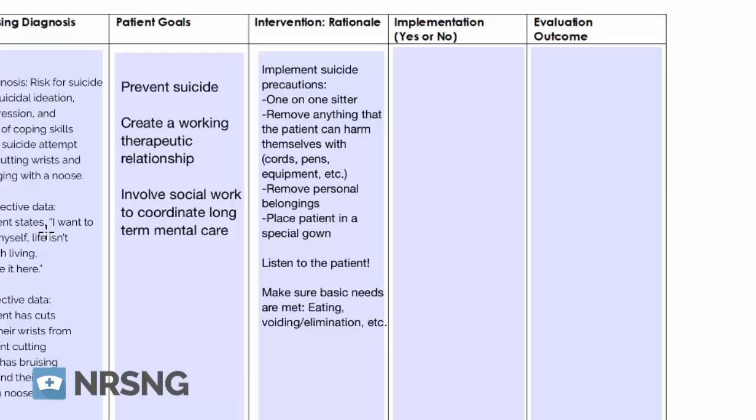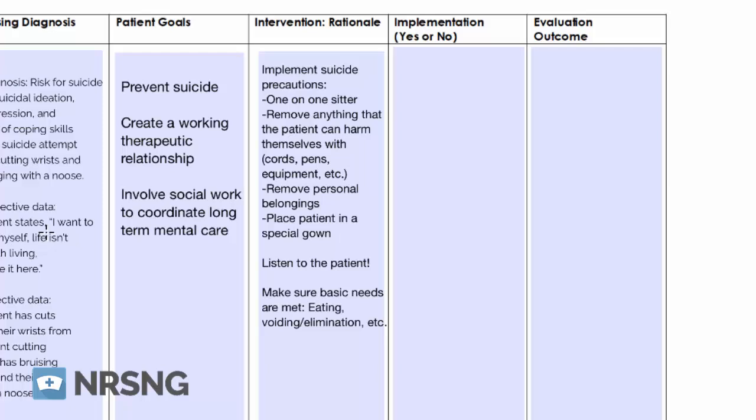You remove everything, their cell phone, any sort of outside resources. You don't just let them have their purse sitting at the bedside, or their backpack, let's say. You don't know what's in that backpack. They could have pills, they could have anything in there. So you remove everything. That way there's no argument. You just remove all of their personal belongings.